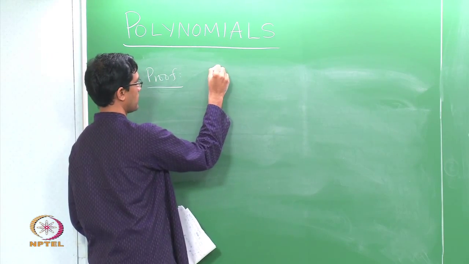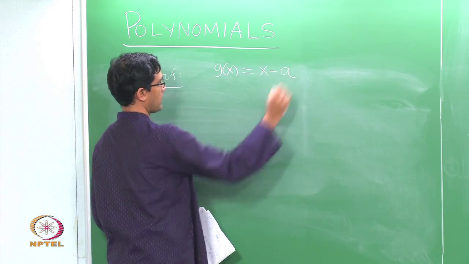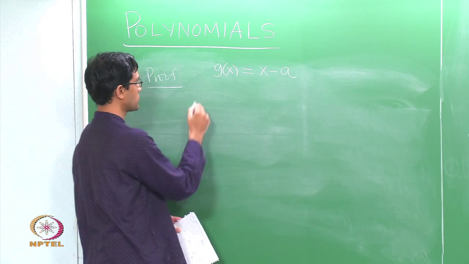Let us just take g of x to be x minus a and apply the division algorithm.